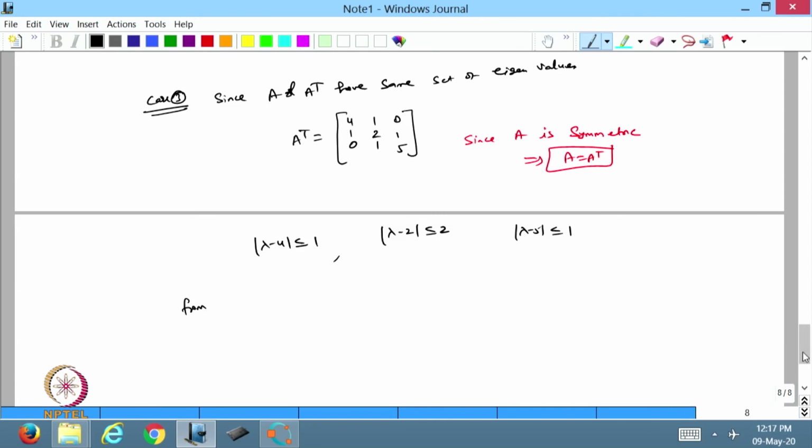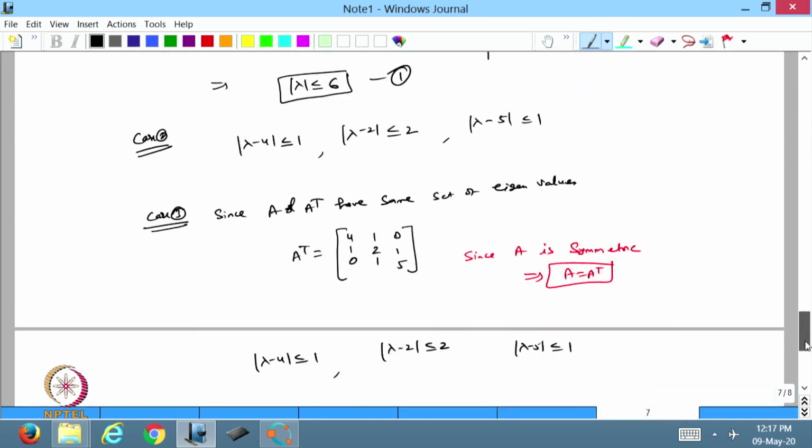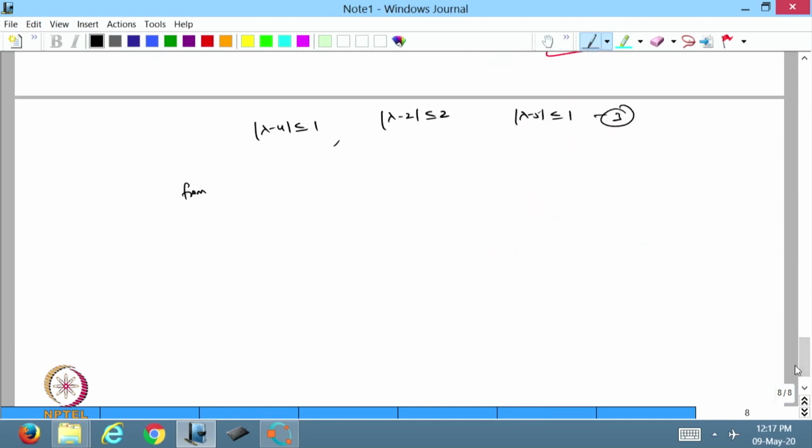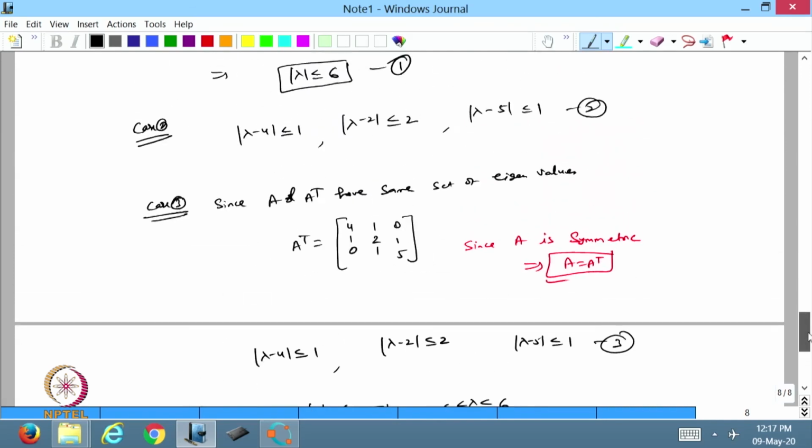So, I can call it 1, then 2, and then 3. So, 2 and 3 are the same. From 1 I will get lambda is less than or equal to 6, that gives me that lambda is lying from minus 6 to 6. That is one of the bounds.